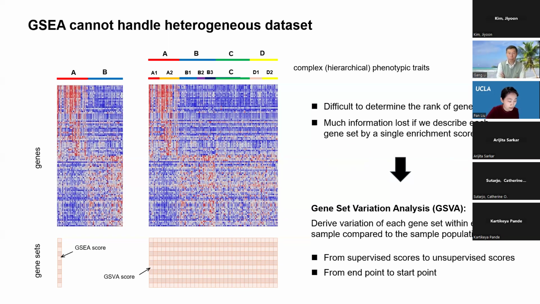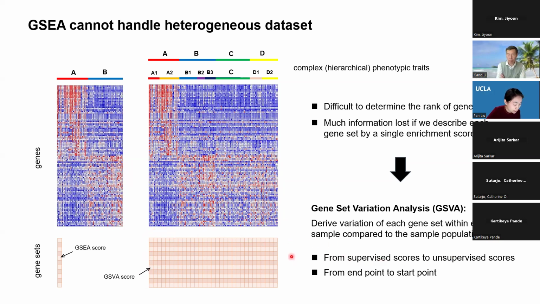So in order to handle this kind of heterogeneous data set, an idea is that we can do it in an unsupervised way. I mean that we can ignore the phenotype information first, and then derive a variation score matrix for each gene set corresponding to each sample.